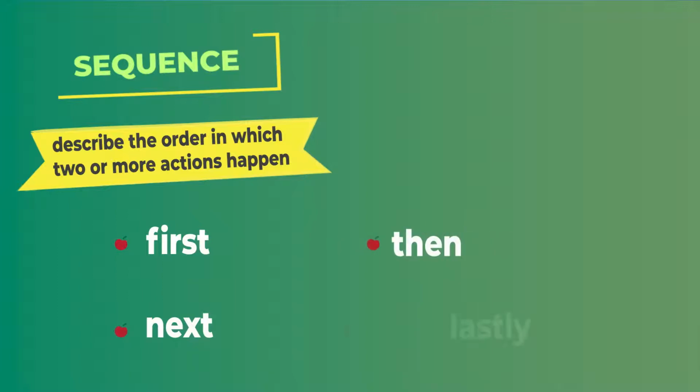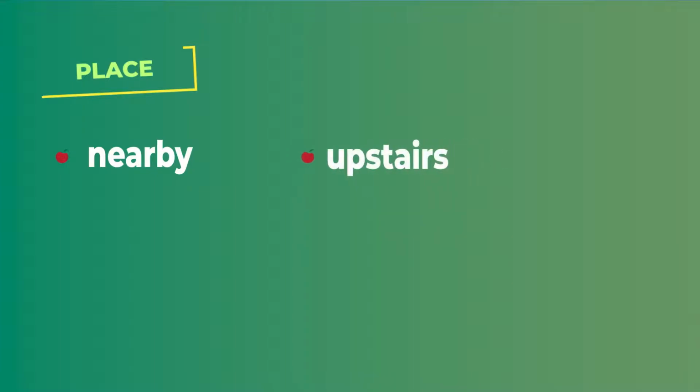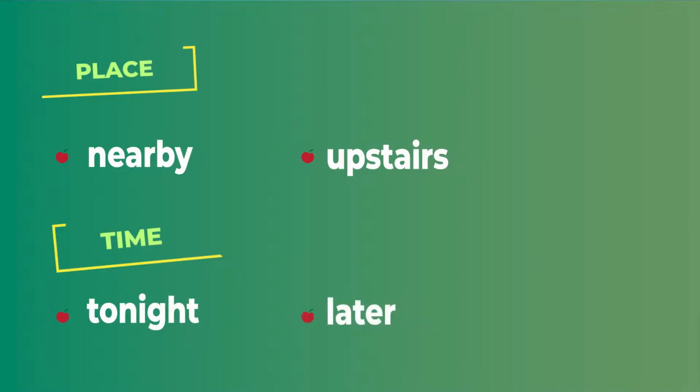These adverbs are first, next, then, lastly, etc. Some examples of adverbs of manner are immediately, carefully, easily, and badly. Adverbs of place include nearby and upstairs, while adverbs of time include tonight, later, and soon.